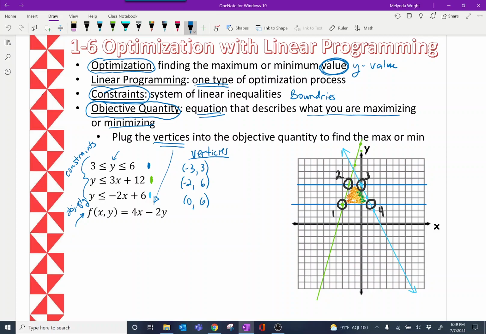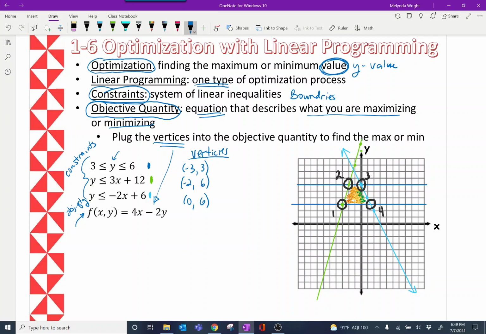Vertex number 4, we're going to have to do a little work on. We need to actually find that intersection. And you're thinking, my goodness, how are we going to find that intersection? Well, we need to get the equation of the light blue line and the equation of this dark blue line, and we need to intersect them. We need to set them equal to each other.